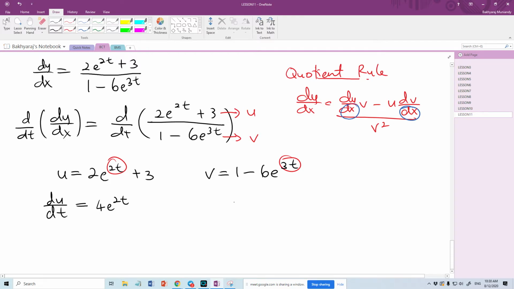Okay, so you get 4 exponent 2t, 3 will be 0, and dv dt. Yeah, correct. You get negative 18 exponent 3t. So kita dapat dv dt. Okay, now need to cross multiply this and this and this and this. So cross multiply this so that you can put it into the formula.